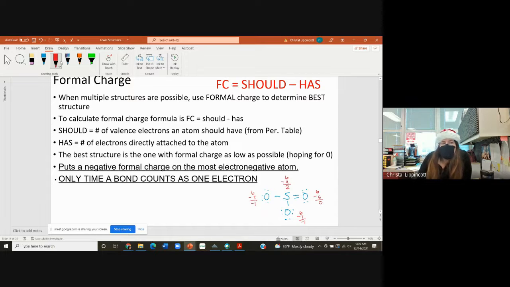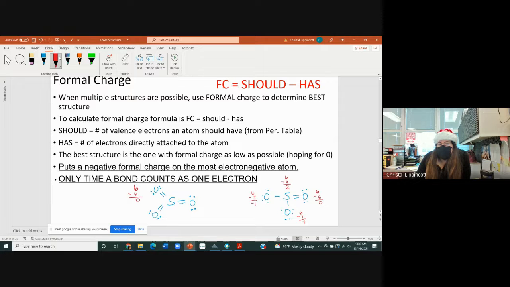Now let's go back and look at the way I had mine drawn with the expanded octet. This is the way I had it drawn. Oxygen again should have 6. It has how many? 6.